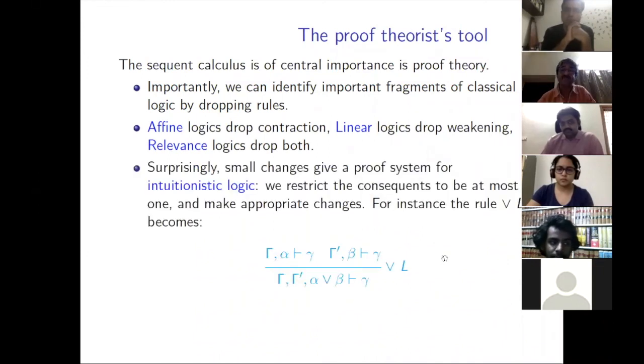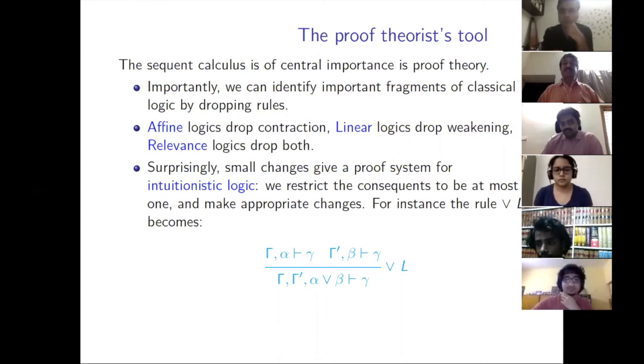And then surprisingly, very small changes in the proof system give rise to intuitionistic logic. For instance, if you restrict the consequent to be at most one formula, that is, a one-sided consequent, with many formulas on the left-hand side and one on the right-hand side, and make all the natural changes that you will make, you get intuitionistic logic.